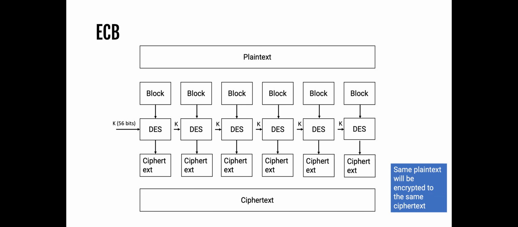And it said, now we only need one plain text and ciphertext pair to do a known plain text attack. That's correct. That means every plain text will have the same ciphertext, so you only need a pair to do a known plain text attack.